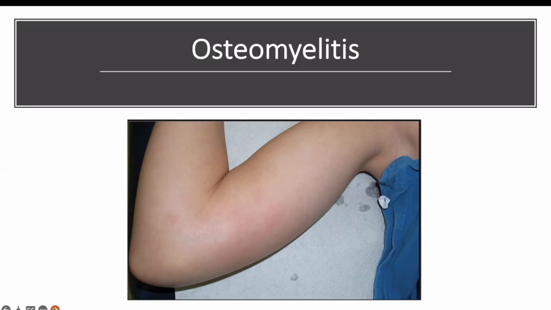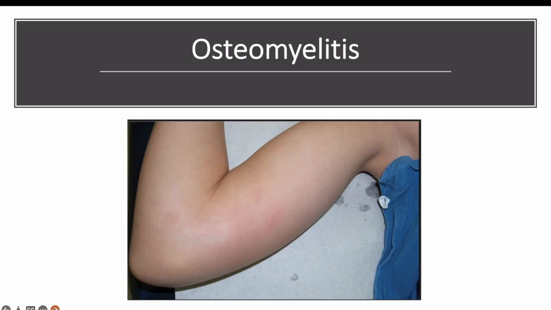Why do we need to know osteomyelitis is an infection of bone and, in pediatrics, bone marrow? Because in more than 99% of cases, it's secondary to a hematogenous source. The infection starts in the bone marrow, then spreads to the bone.